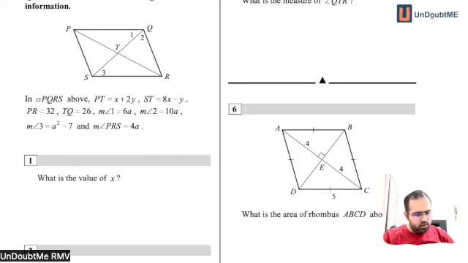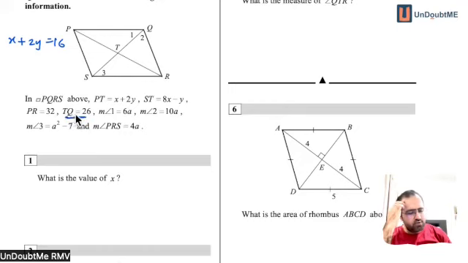Now PT is given, ST is given, PR is 32. So half of PR will be PT. My first equation will be x plus 2y is equal to 16. Then half of SQ.